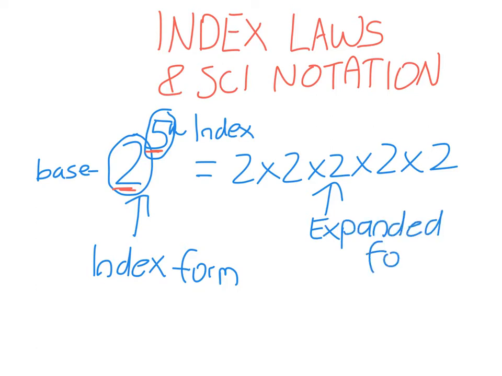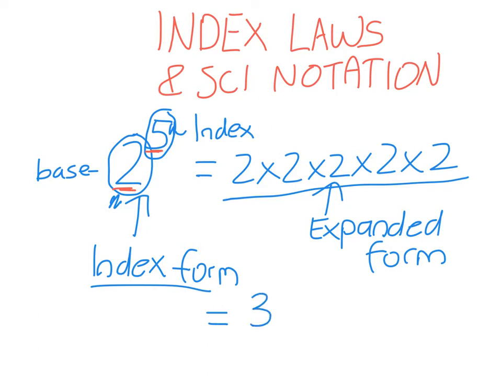If a question in your test asks you in index form, you need to write it like this, where you should have something to the power of something. If it says write in expanded form, you write it out like that. Only if the question says evaluate should you actually give the numerical number, because 2 times itself 5 times equals 32. So that's what you would write if the question said evaluate, give a value to.